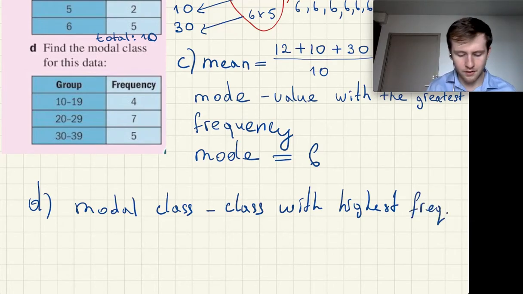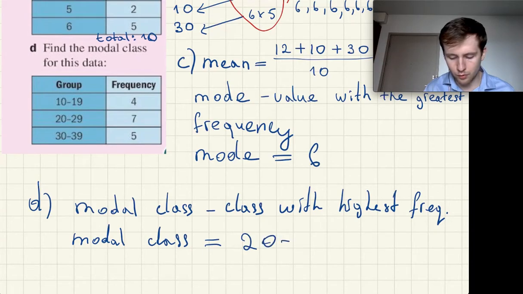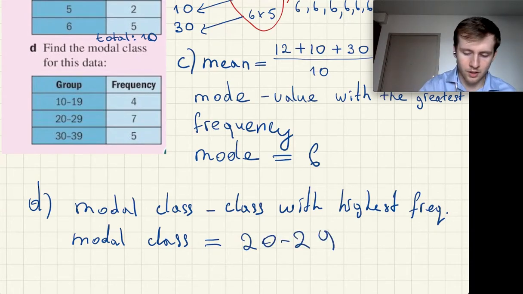So in this case, the modal class is class 20 to 29 because it has the highest frequency of 7.